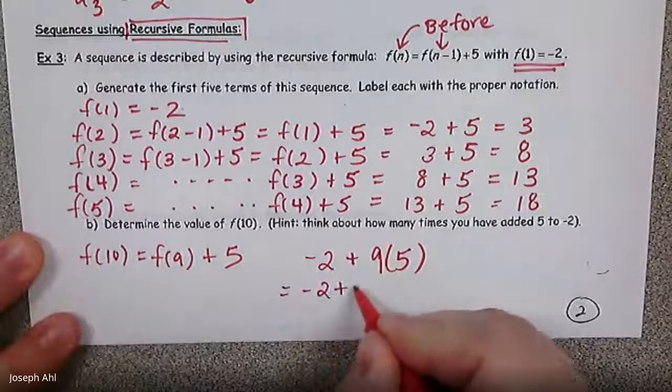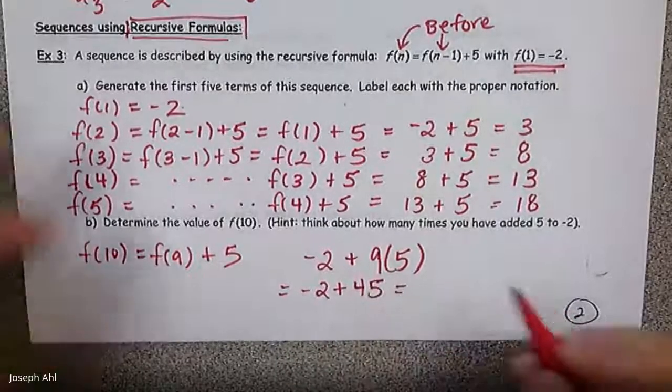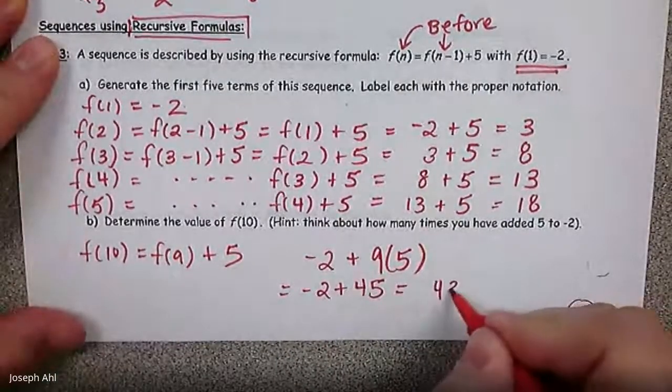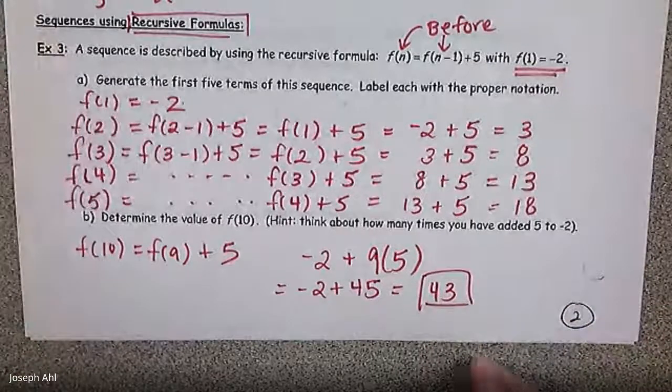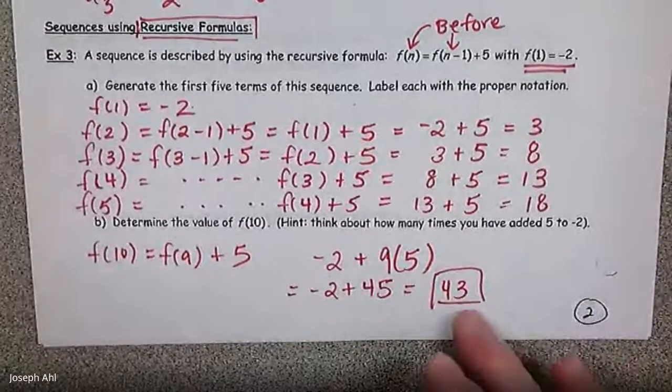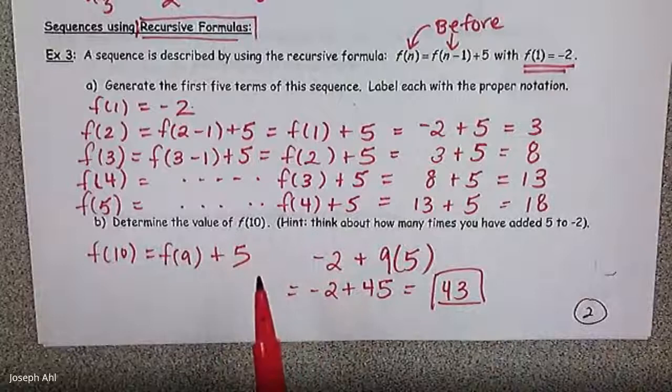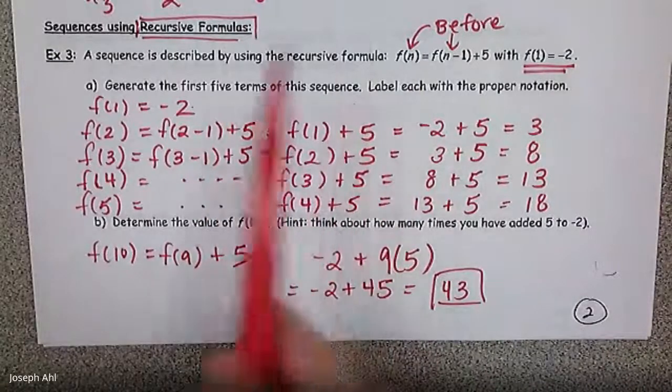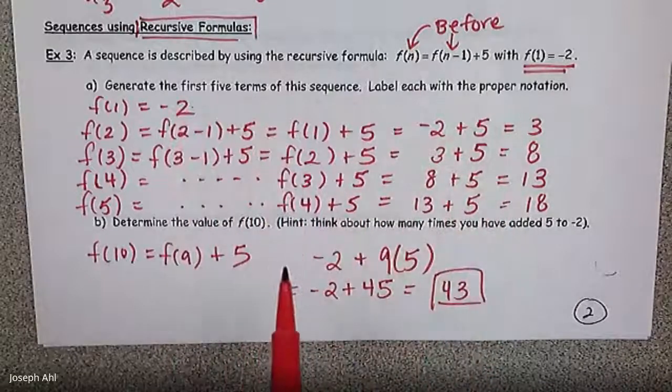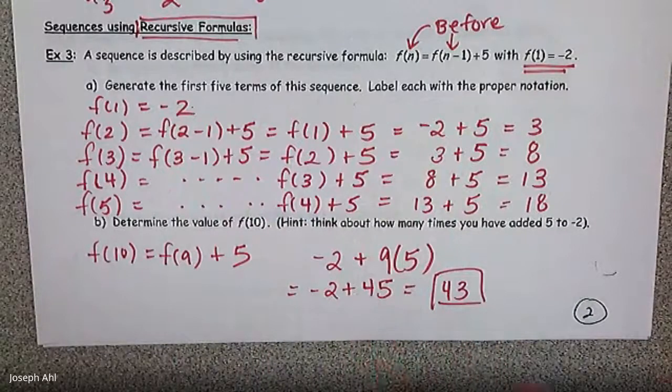So -2 plus the 45, we know really quickly that the 10th term is 43. So what we're kind of building towards here is moving away from this recursive sequence and thinking about this is definitely more of an explicit way of finding that value real quick. And it's something that we'll build upon over the next few lessons, thinking about some patterns here.